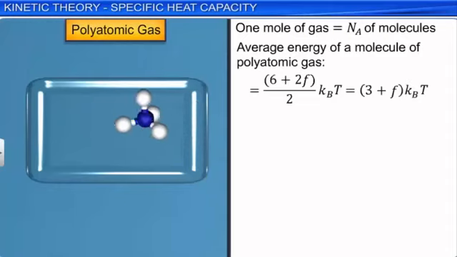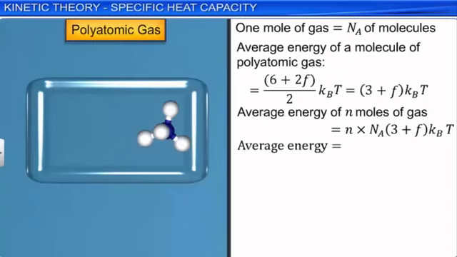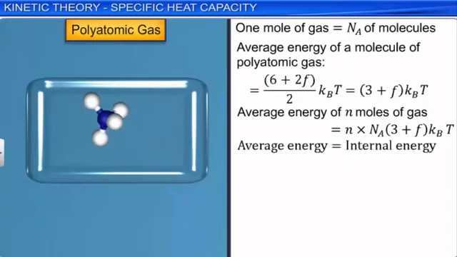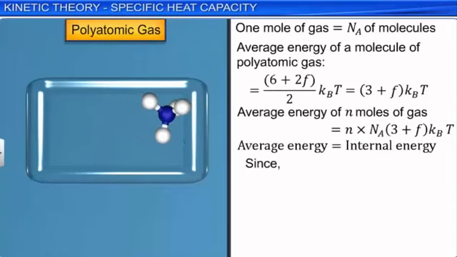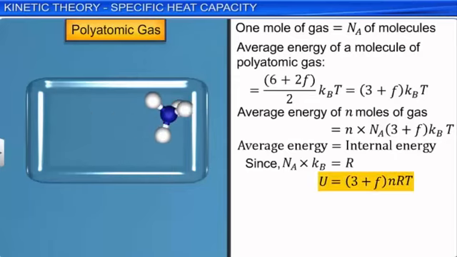If we have n moles of gas, the average energy of all the molecules of the gas is equal to the internal energy of the gas. Since the product of Avogadro's number NA and Boltzmann's constant kB is equal to the universal gas constant R, we get U is equal to (3 plus f) multiplied by nRT.